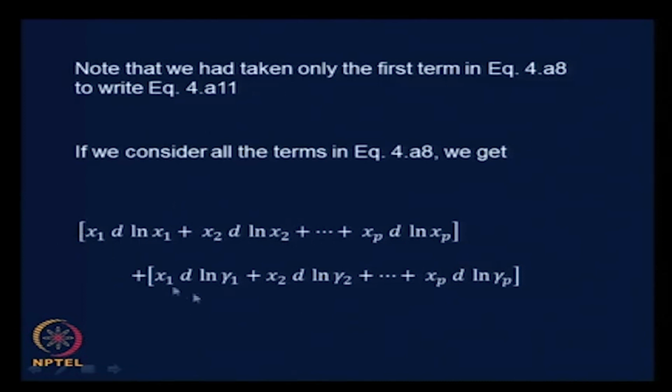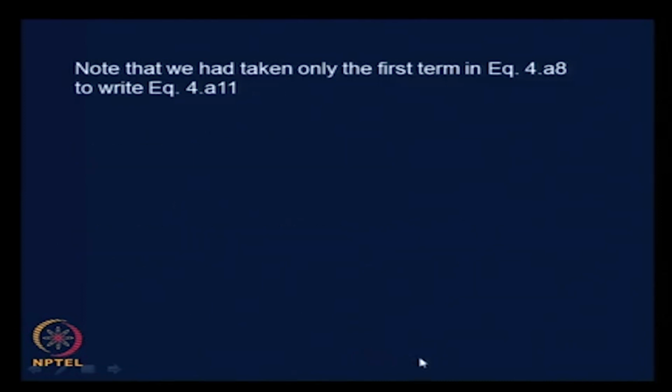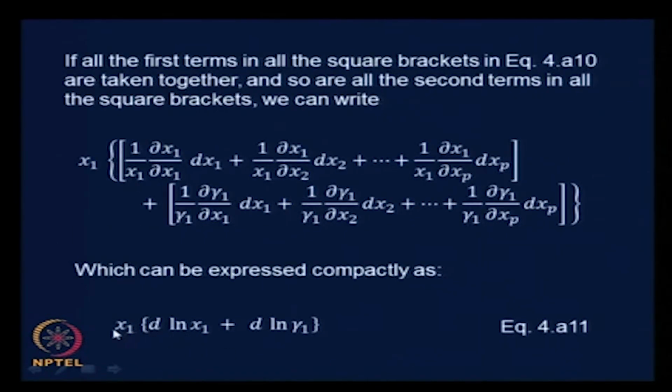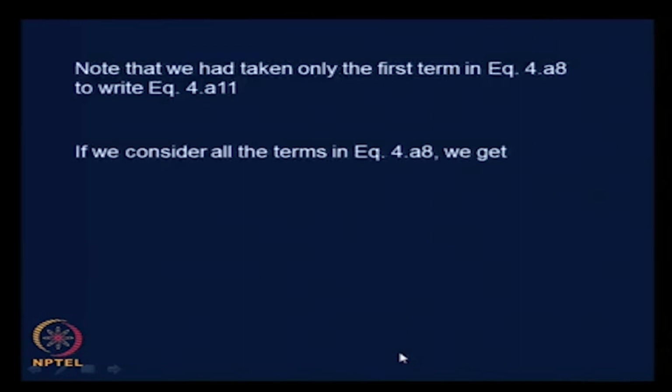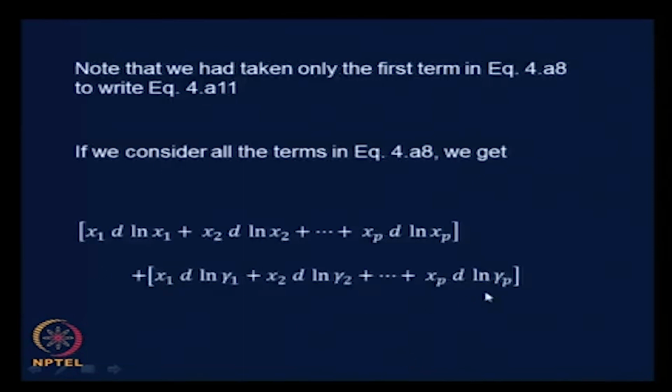You would be able to see this quite easily by expanding this, x1 d ln x1, the second term will be x2 d ln x2 plus d ln gamma 2 and so on and so forth. So if we combine all these terms together and all these terms together, we are going to get this as the expanded form.